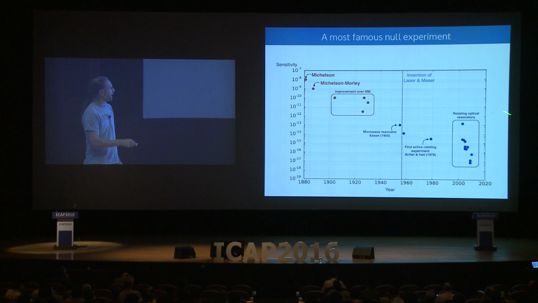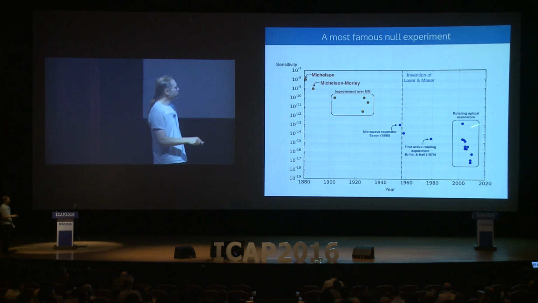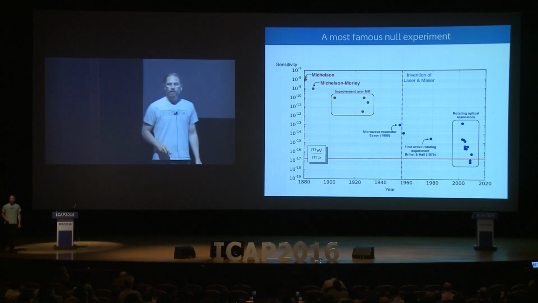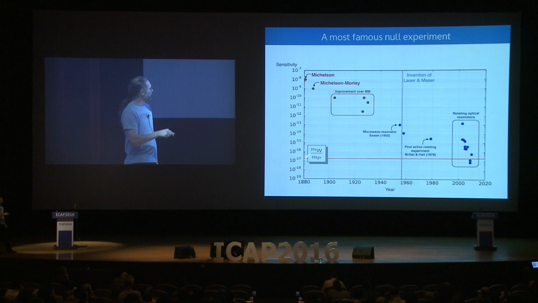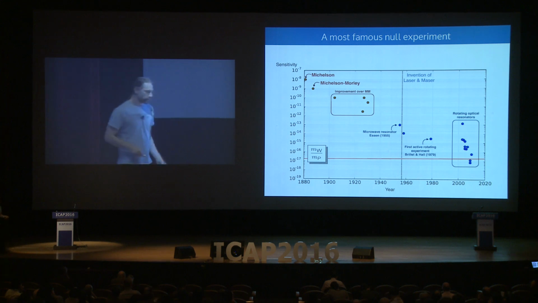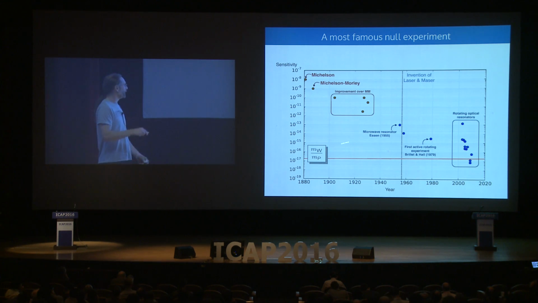Very recently, there has been quite some activity trying to improve these Michelson-Morley experiments further, and there is a motivation here. At this level of precision of 10 to the minus 17, this corresponds to the ratio between the weak mass scale and the Planck mass.